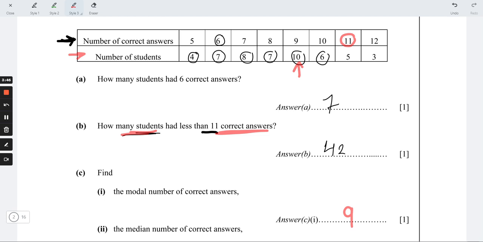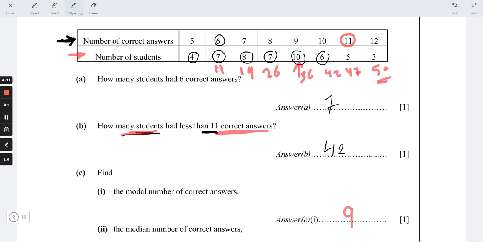Now they will ask you the median number of correct answers. To find the median, you have to find the cumulative frequency. Starting from 4, then we'll have 11, then 19, then 26, then 36, then 42, then 47, then 50.